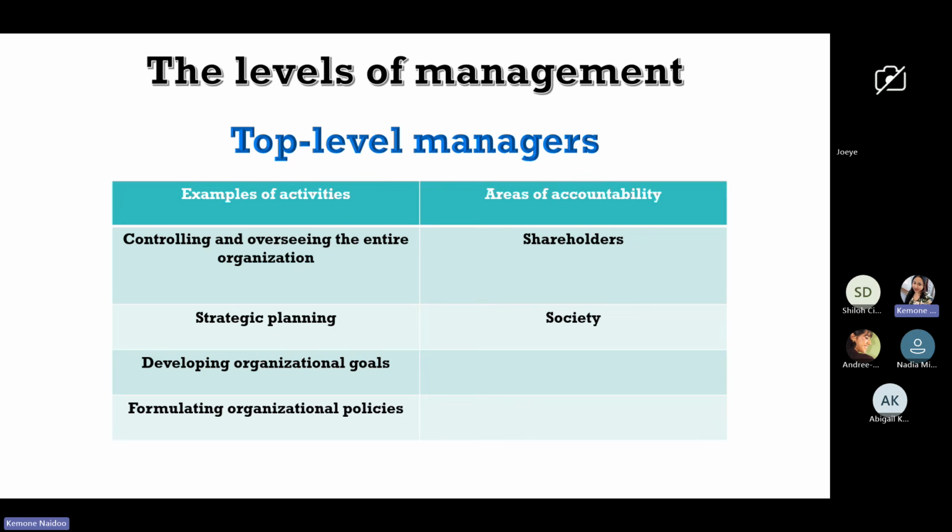Okay, but obviously not at an operational level, not on a daily basis, but more at a strategic level. So they are looking at everything as a whole, and how can we now use this information to better our plans, better our strategies for the following year.